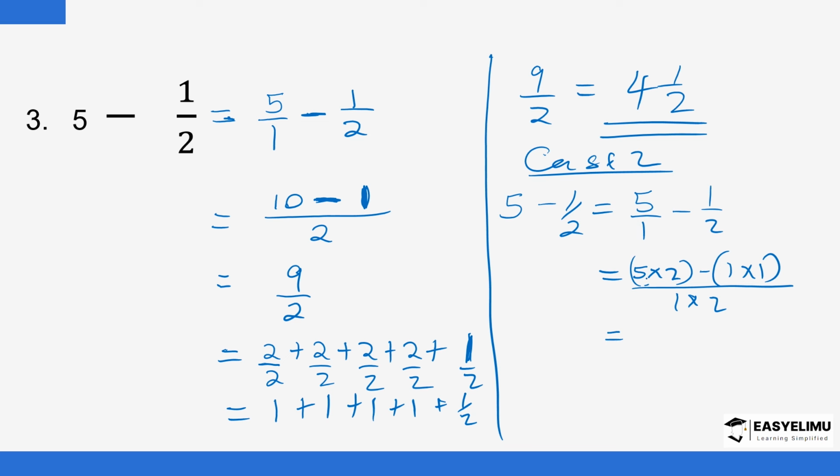So 5 by 2 is 10, 1 by 1 is 1, and 1 by 2 is 2. This again gives us 9 over 2, which we have proved is 4 and 1/2. So that still gives us the same answer as with the previous method of using the LCM.